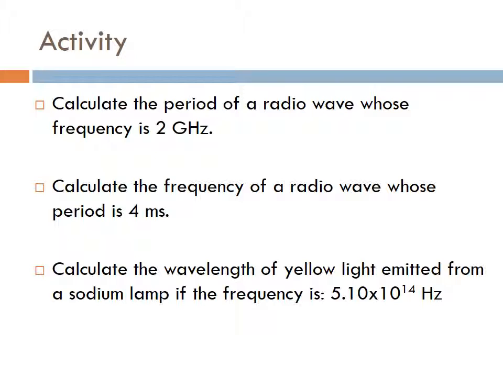So given the special case of yellow light having the frequency 5.10 times 10 to the power 14 hertz, to calculate the wavelength of such a wave, we can use the equation C equals lambda f, and so lambda equals C over f. As we have said, C should be equal to 3 times 10 to the power 8 meters per second. In this way we can obtain the wavelength in meters.